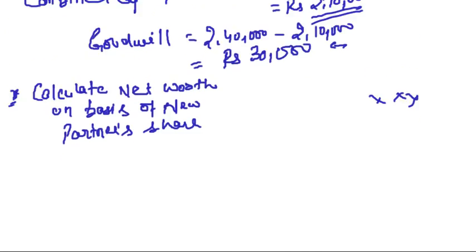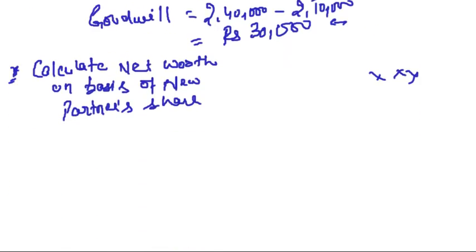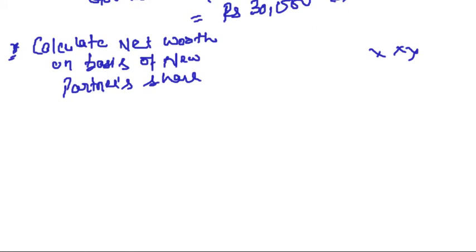What it means? New partner brings 60,000 for his 1/4 share. Then what is the total capital, the total net worth? Calculate this.